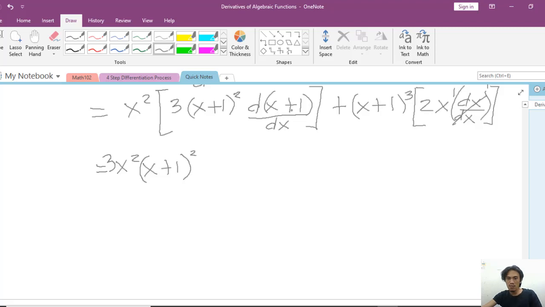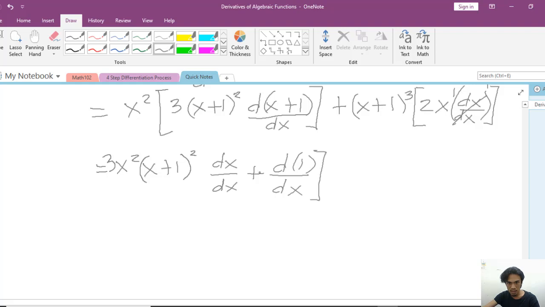The derivative of x plus 1 can be written as the derivative of x with respect to x plus the derivative of the constant 1 with respect to x.